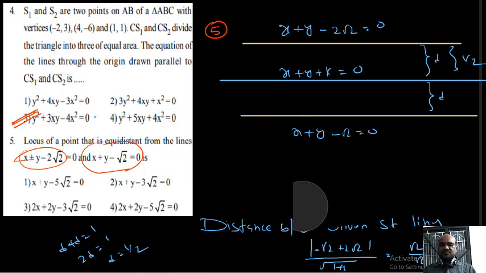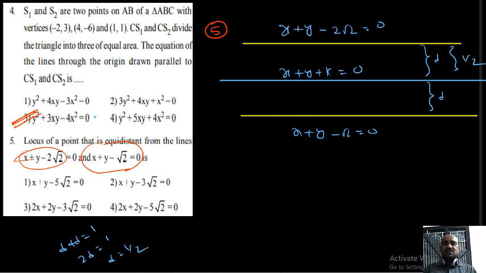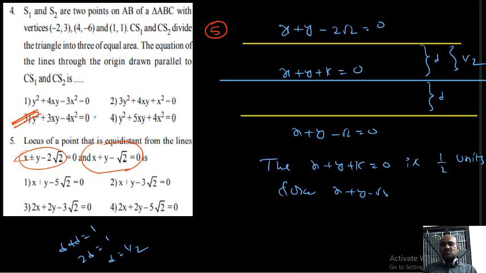I will write, the line x plus y plus k equal to 0 is of half unit from x plus y minus root 2 equal to 0 or x plus y minus 2 root 2 equal to 0, both are same.